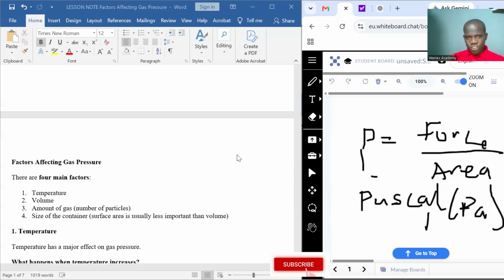One is the temperature. Two is the volume of the gas. Three is the amount of gas, that is the number of particles. And four is the size of the container. We are going to elaborate more on these factors in our next class.